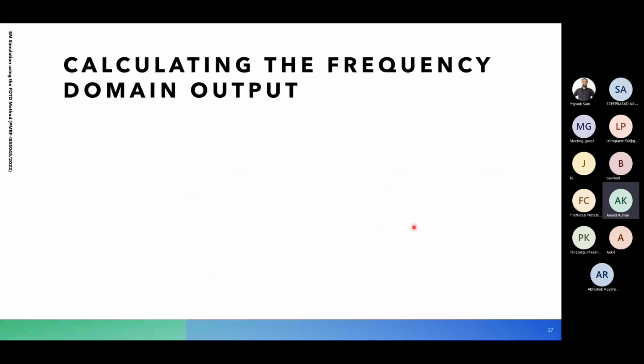So that was all which was covered till the last class, and whatever was there in the assignment. We'll start today's class with the calculation of the frequency domain output from our time domain results.